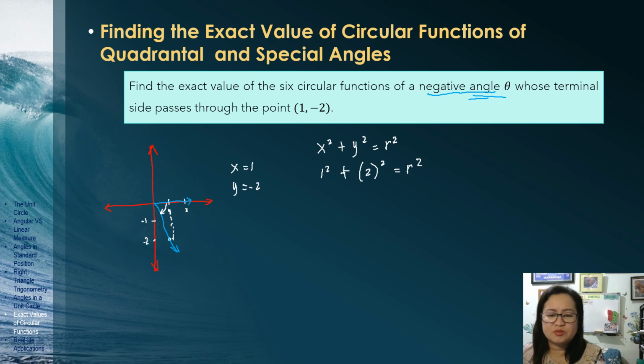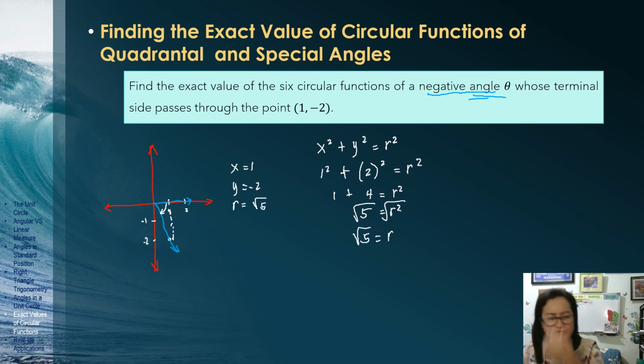So we have 1 plus 4 equals r squared, so we have 5. Extract the square roots, so r is equal to square root of 5.